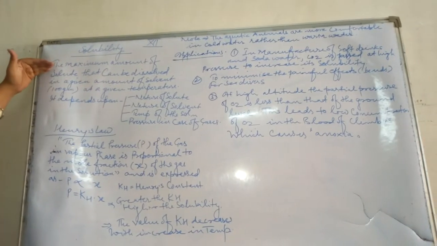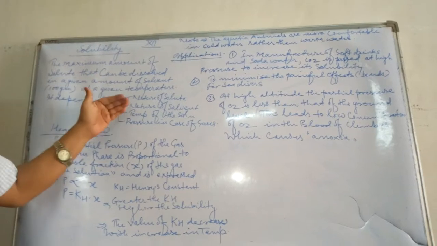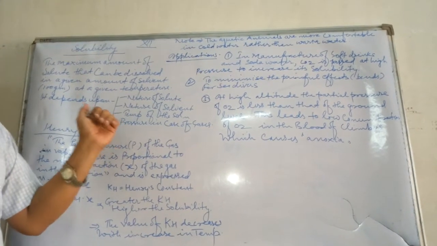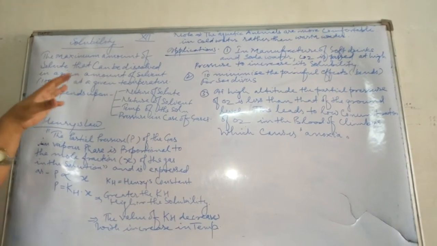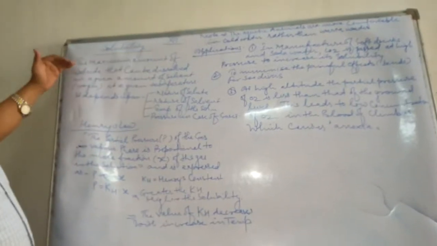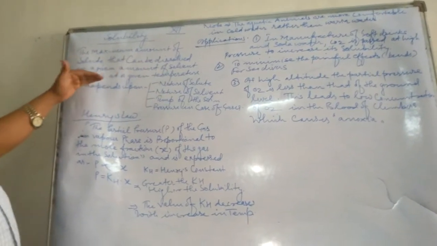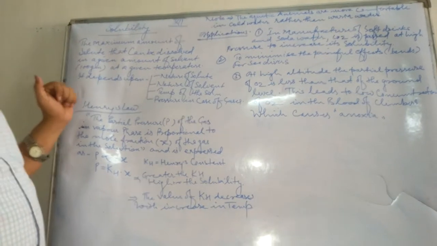Let me go through an example. Suppose we dissolve cane sugar in 100 gram of water at room temperature, 25 degrees Celsius, which is considered room temperature. So the maximum amount of solute that can be dissolved in a given amount of solvent at a given temperature is called solubility.